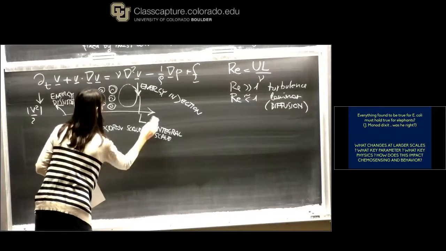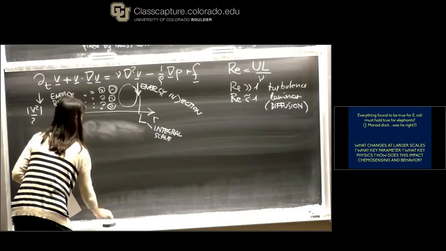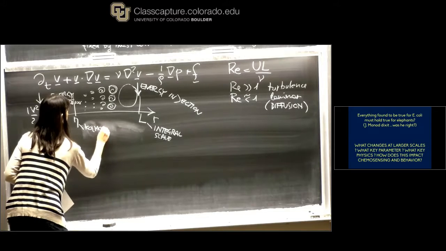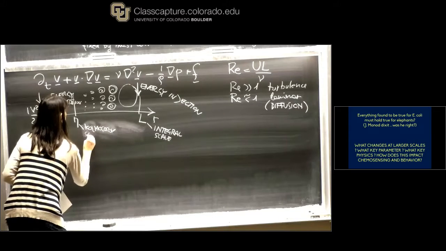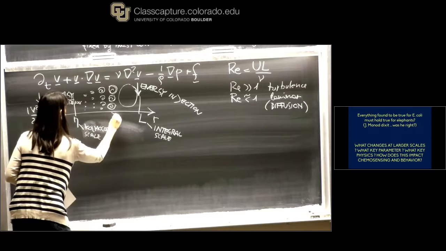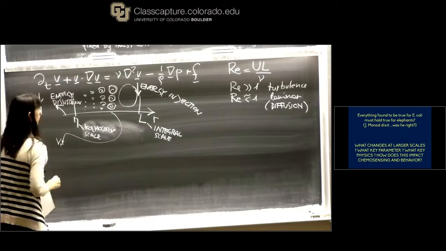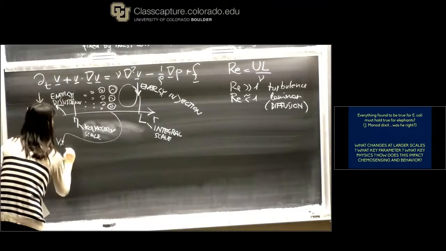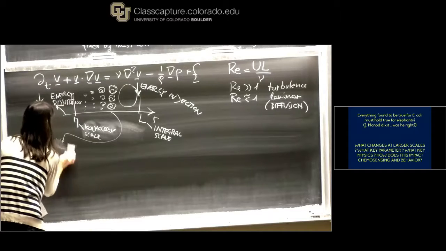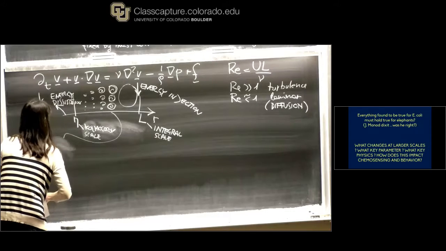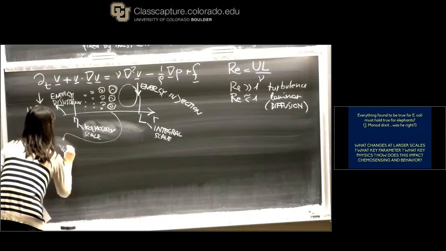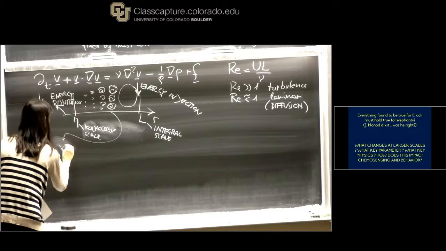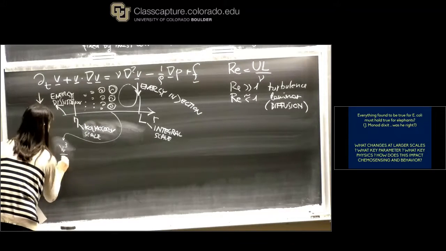Let me put this smaller so it's clear. Kolmogorov scale. So if I am at r in between eta and L, the order of magnitude of this term will be v_r to the power 3 over r, since I'm multiplying by v because I want to make an argument about energy, and then there is a gradient.